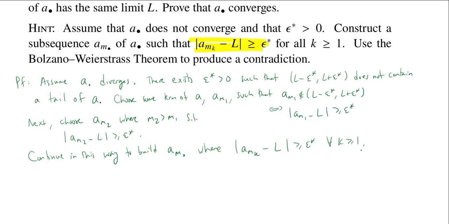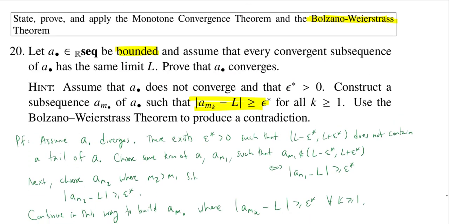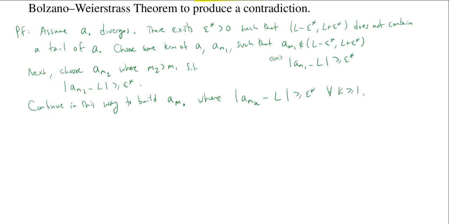One thing I do know is this: A dot, the original sequence, is bounded. Now, if I have a bounded sequence, then any subsequence is also bounded. So A dot bounded implies A_M dot is bounded. You get rid of some terms. It's not like you can all of a sudden become unbounded.